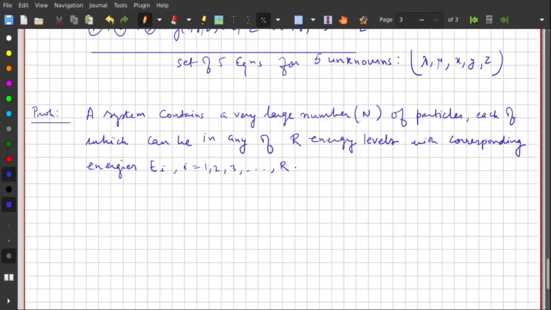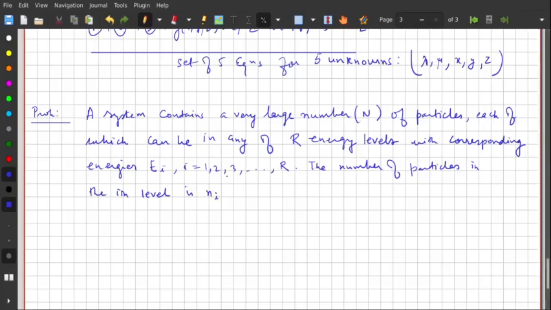Okay, the number of particles in the ith level is given by n sub i.